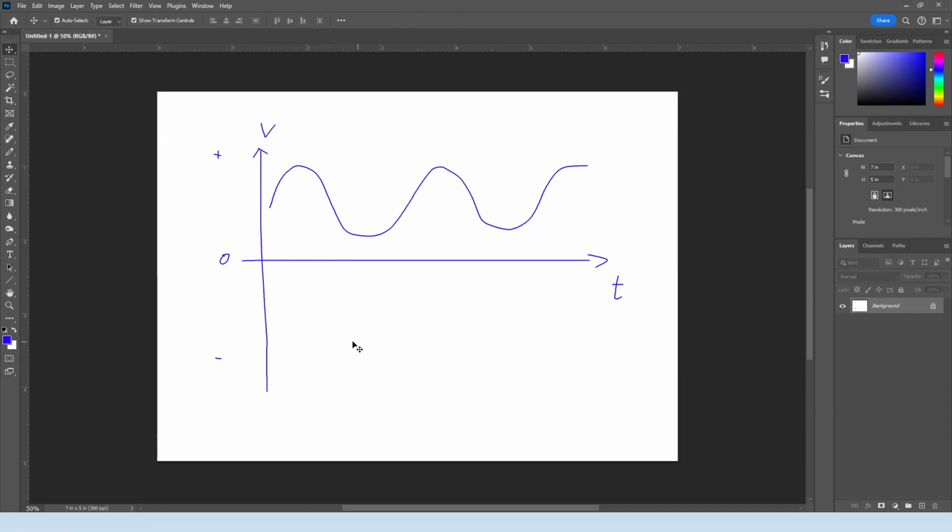Or, as a matter of fact, it could be on the bottom side. But the terminals do not cross the zero line. Sometimes we could call it a pulsating DC, because the current always flows in the same way. It's just sometimes more, sometimes less. So that's DC.